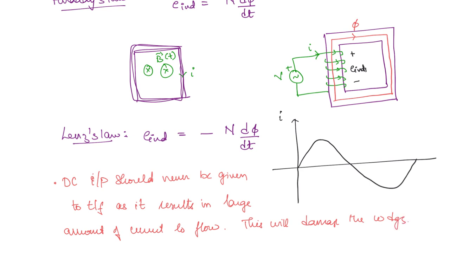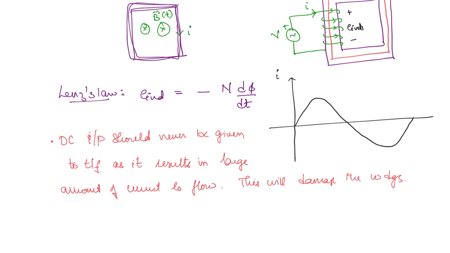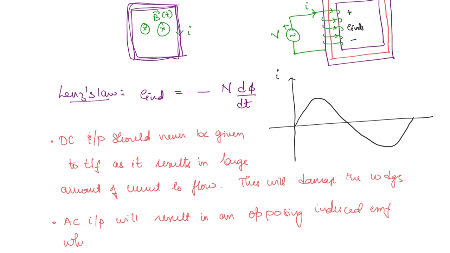And why will a large amount of current flow? Because there is no opposing EMF. So you can write: AC input will result in an opposing induced EMF, which will help limit the current in the winding.